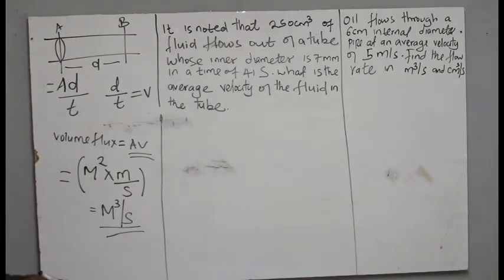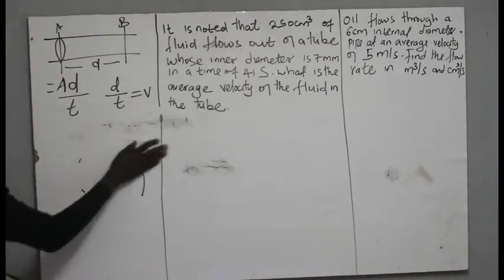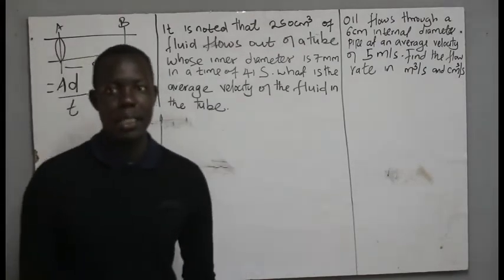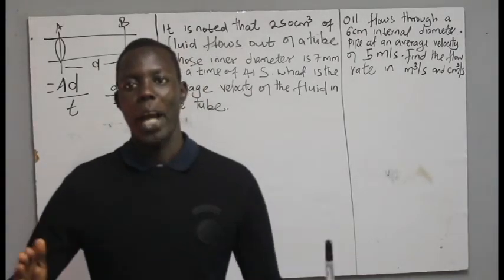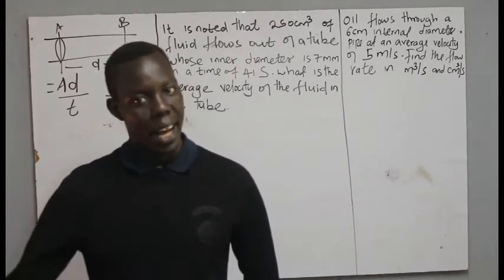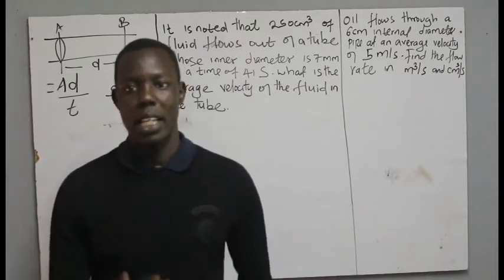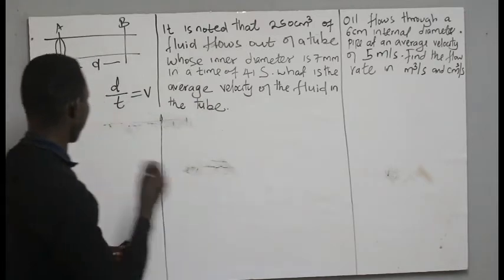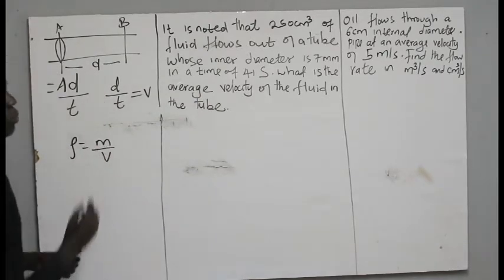Now, let's look at the mass flux. We say that mass flux is the mass of a fluid that passes through a given section of the tube of flow per unit time. So when you have the mass of the liquid and the time that it takes that mass to flow, then you can get the mass flux. But the easiest way is, we always know that density is given by mass over volume.